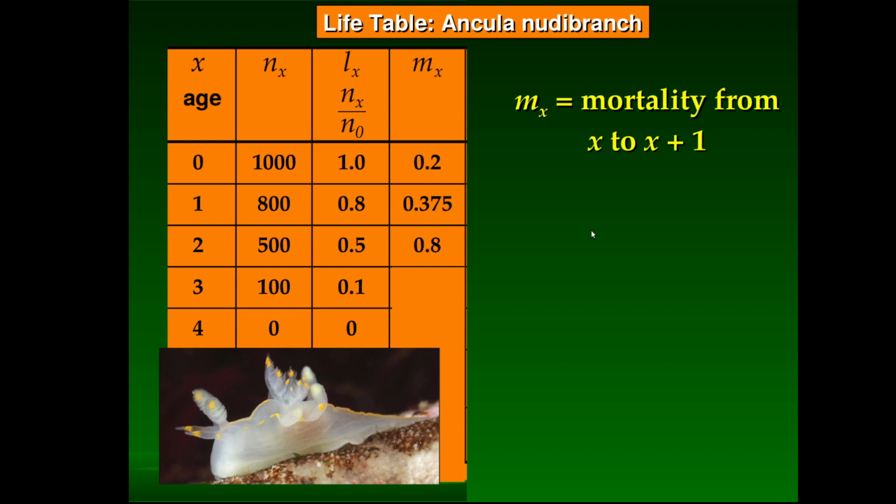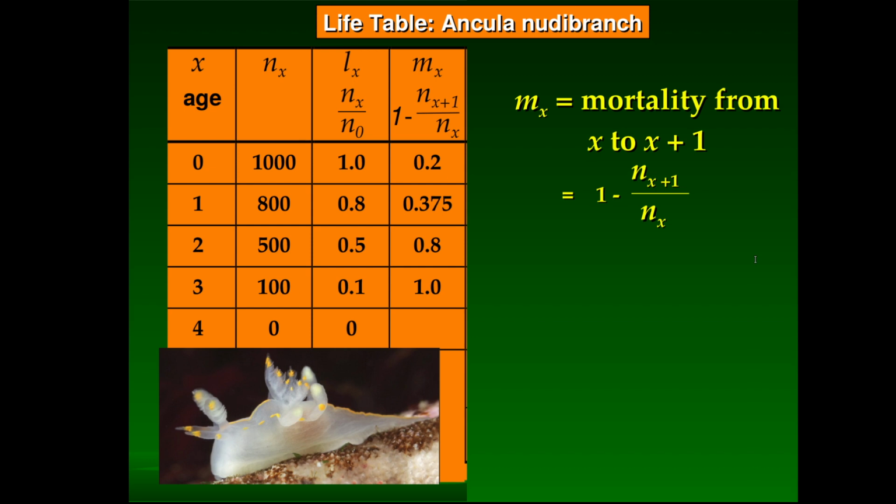And at age 2, only 100 out of the initial 500 survive, giving a mortality rate of 400 over 500, or 0.8. At age 3, none survive to age 4, giving a mortality rate of 1.